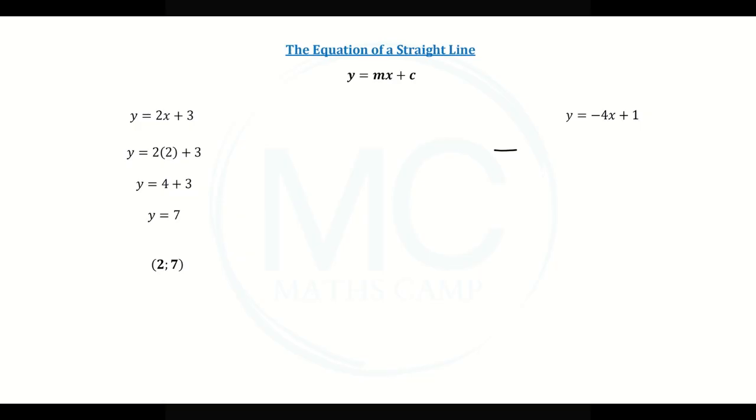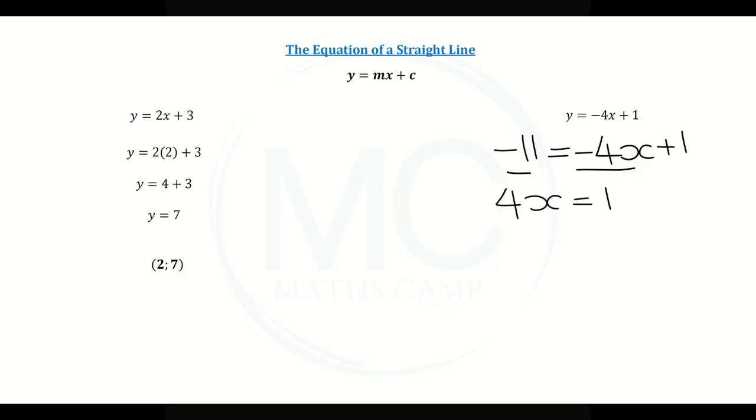So we can say negative 11 is equal to negative 4x plus 1. We want to solve for x, but our term is negative. So let's move it to this side of the equal sign and we get positive 4x is equal to 1.